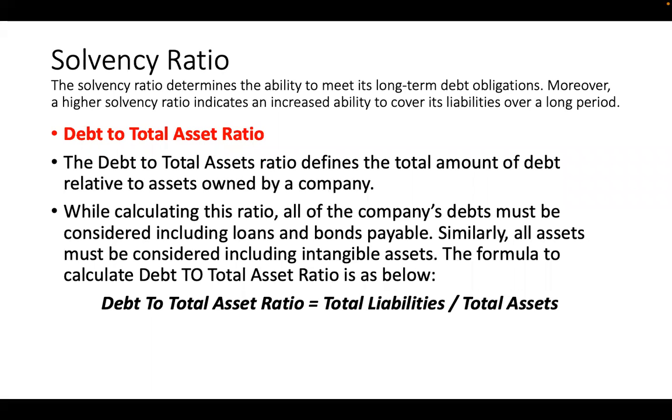This is a simple formula. If you see it on your screens, the debt to total assets ratio equals total liabilities upon total assets, which helps to understand the solvency, how solvent our business is. And this would help a business avoid becoming insolvent in the coming future.